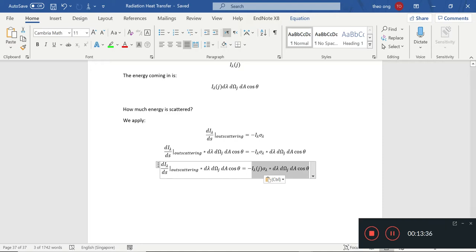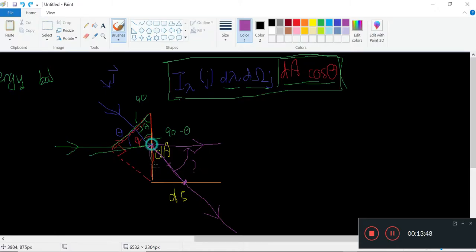And if you want to separate the variables, to get the more exact amount scattered, because it does depend on how long this path is. Of course, the longer the medium, the longer the path of the ray traveling through the system, the more that's being scattered.